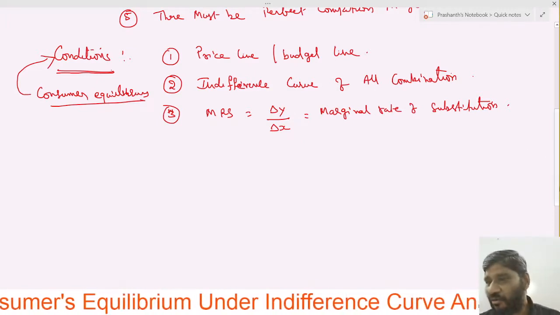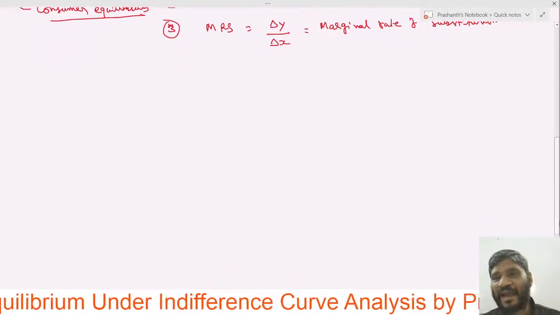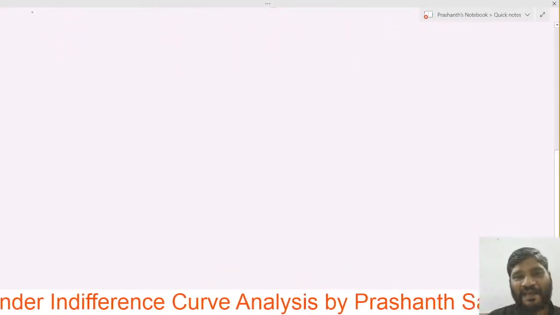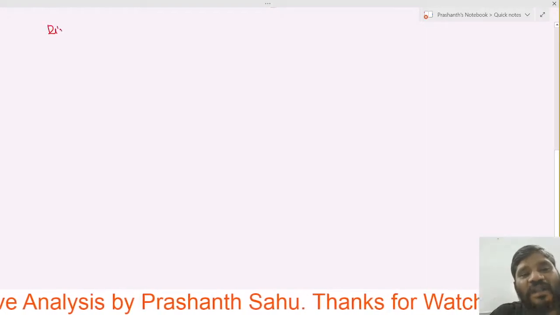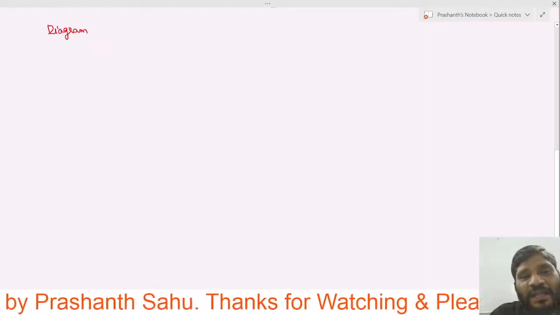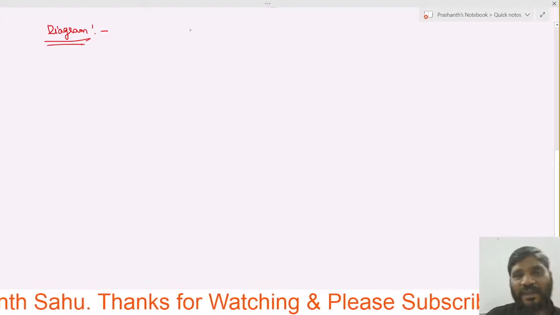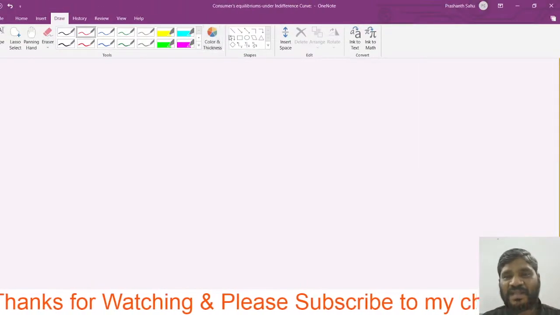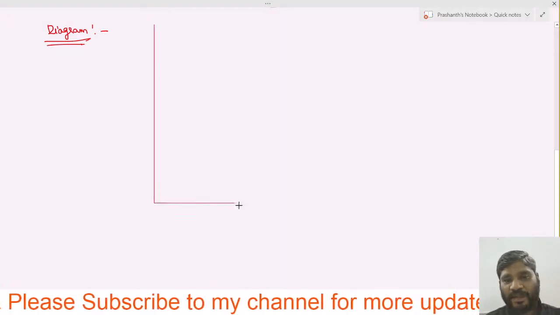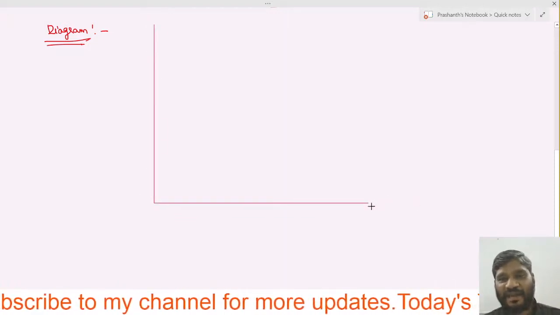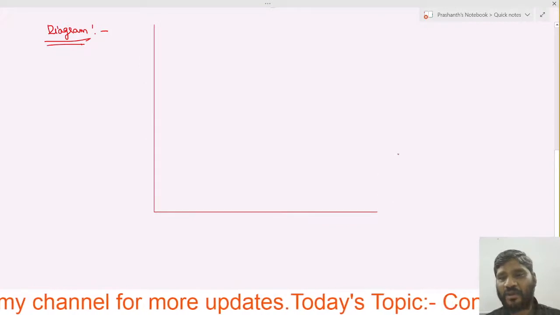So we will take out one diagram, and with the help of the diagram, we can explain where the consumer is getting the full satisfaction or equilibrium. We will check it. So let us take out a graph. Here I have taken one graph.